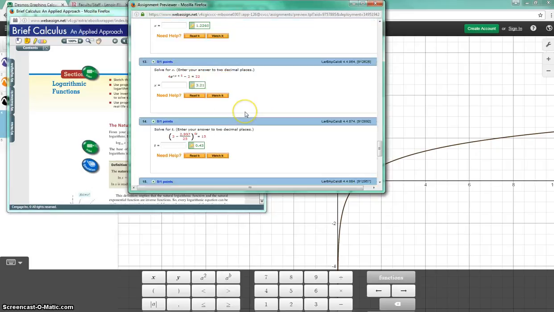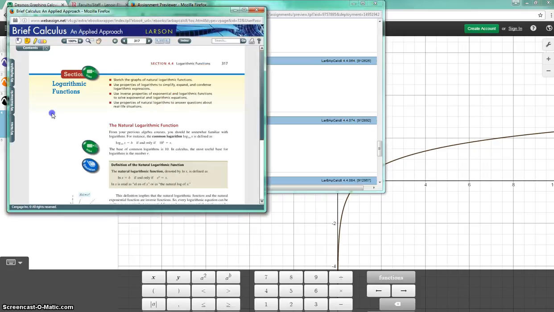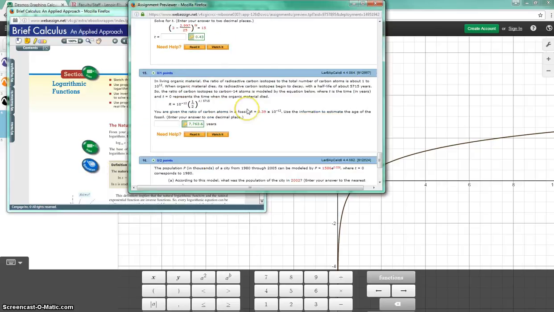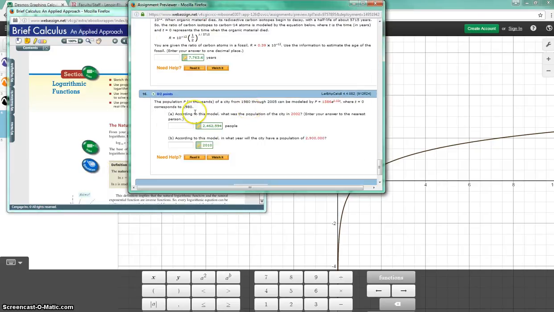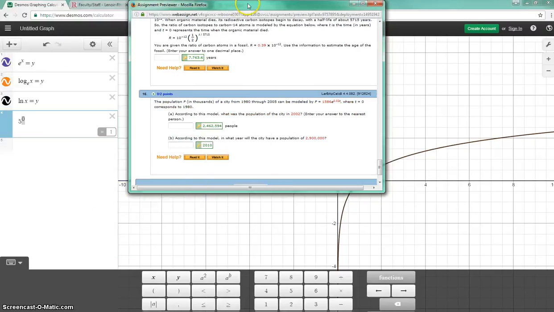So I'll do a supplement for that one. Also, like on number 13, a little bit more complex. But it's just an algebraic process, so nothing crazy as long as we know this rule of how to go back and forth between logs and exponentials. And then this one maybe we'll do with Desmos to show how we can solve these using technology.